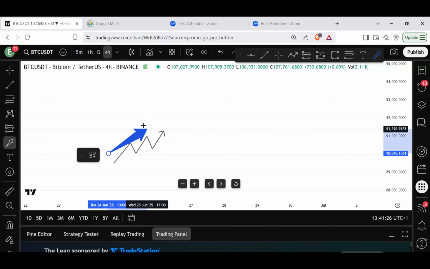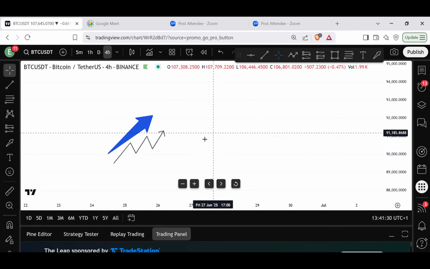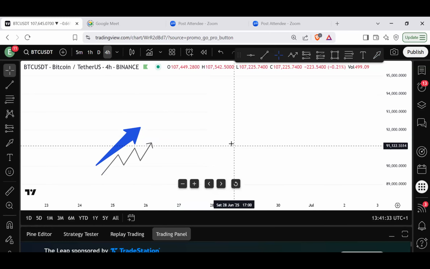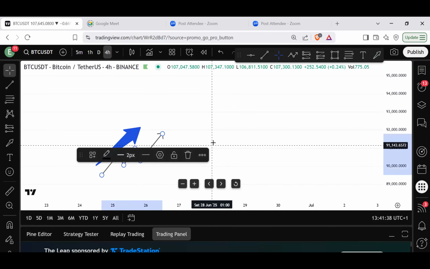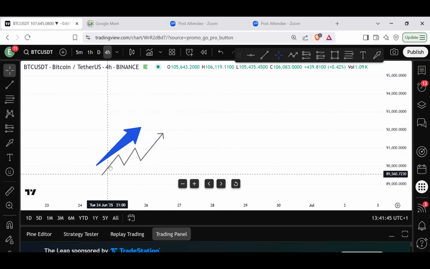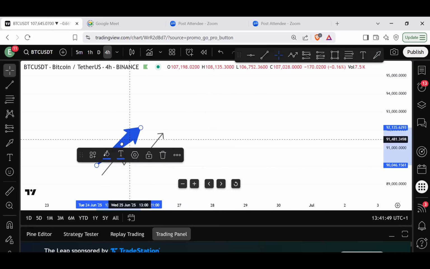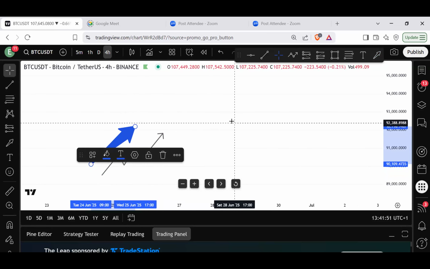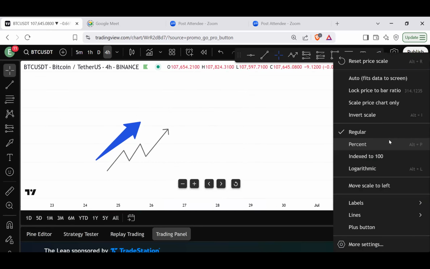Okay. So what we've learned now, just a quick summary: the impulsive move, how to identify it on the chart, and its valid pullbacks. And it's both ways.